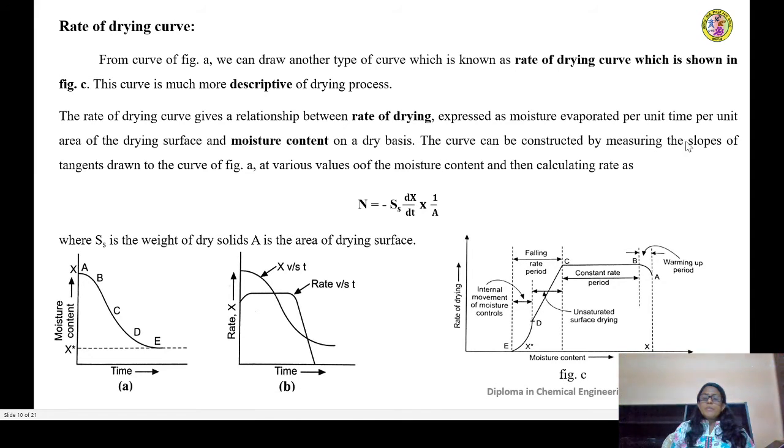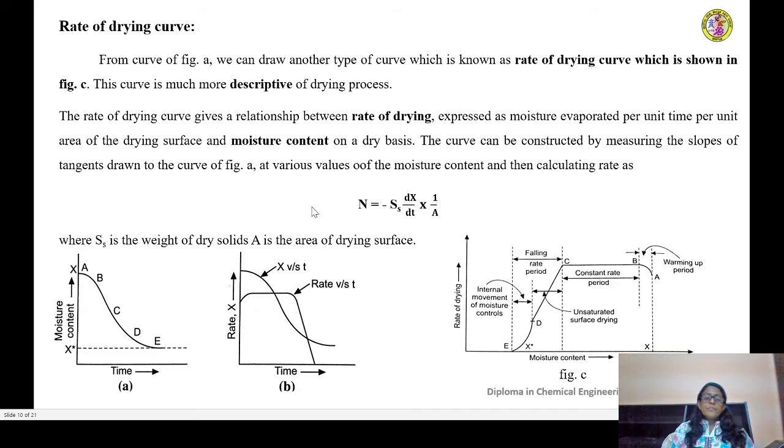The curve can be constructed by measuring the slopes of tangents drawn to the curve of figure A at various values of moisture content and then calculating the rate as N equals minus Ss dX by dt into 1 by A. This formula can be used to calculate the rate of drying at various values of moisture content.